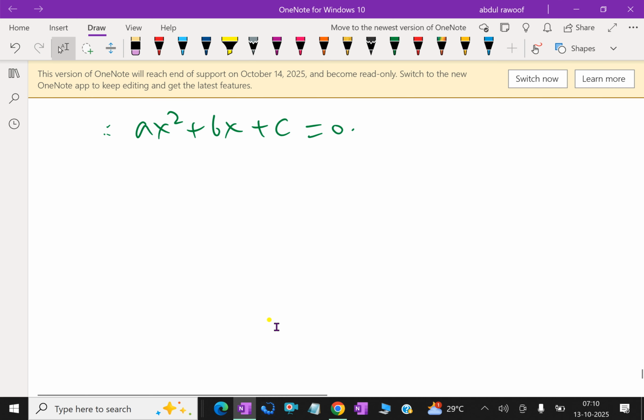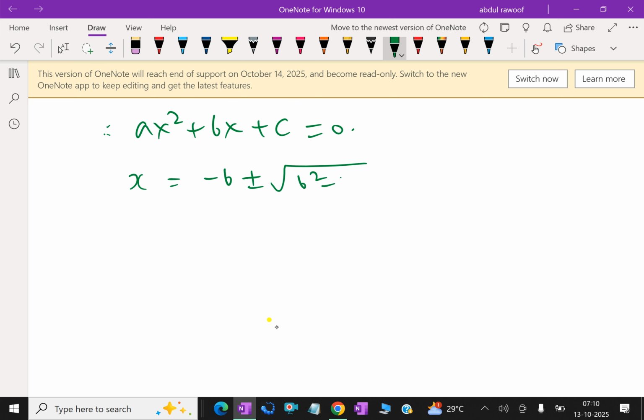For this equation, the solution formula is x equal to minus b plus or minus root of b square minus 4ac over 2a. By using the values of a, b, c, we can get the solution.